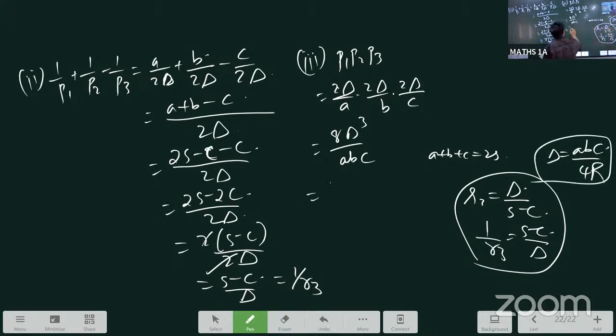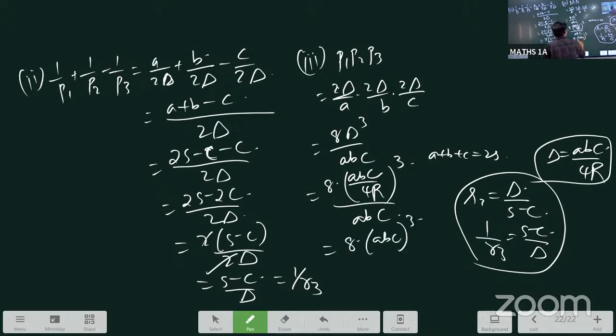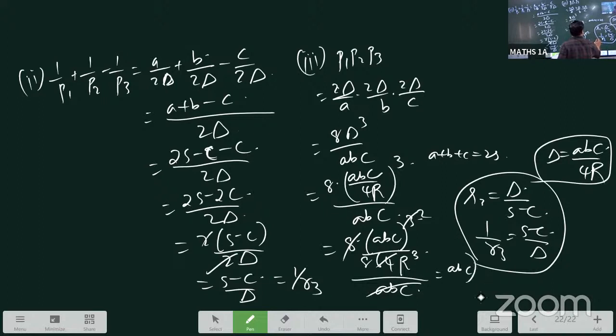So, 8 into (abc by 4R) whole cube by abc, that is 8 into (abc) whole cube by 4 cube, which is 64 R cube, divided by abc. One abc square gets cancelled. 8 ones are 8, 8 8s are 64, right? That is abc. These are your formulas.